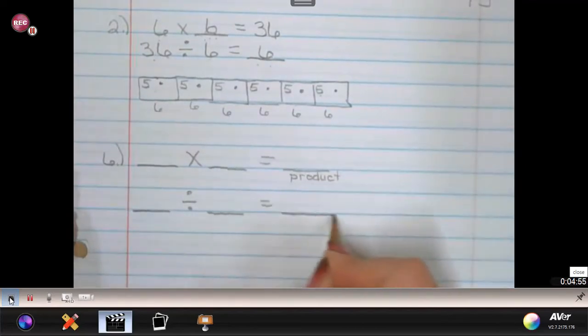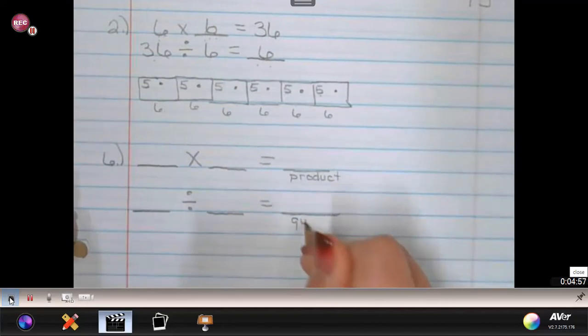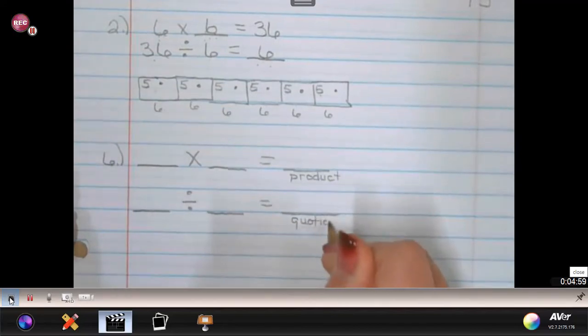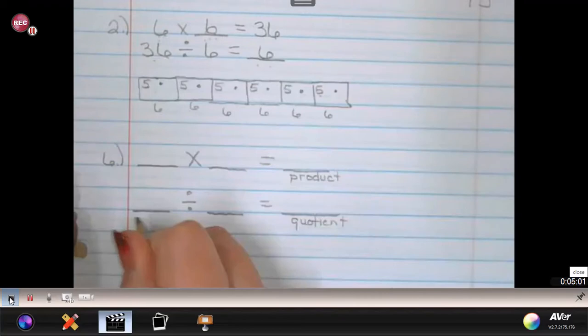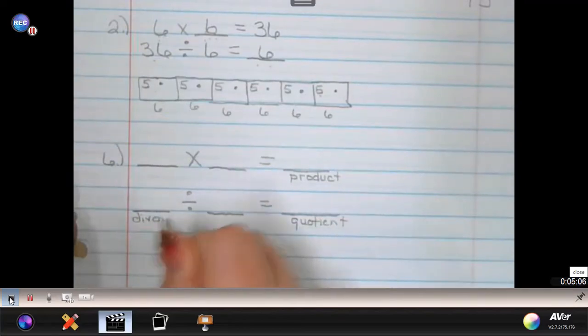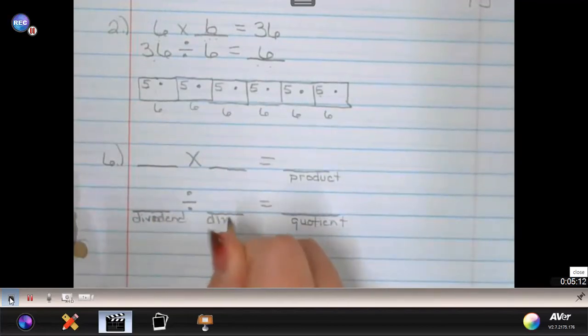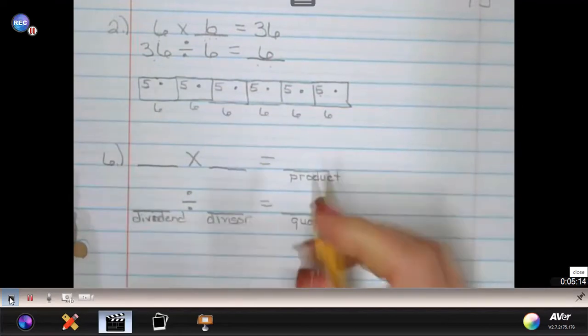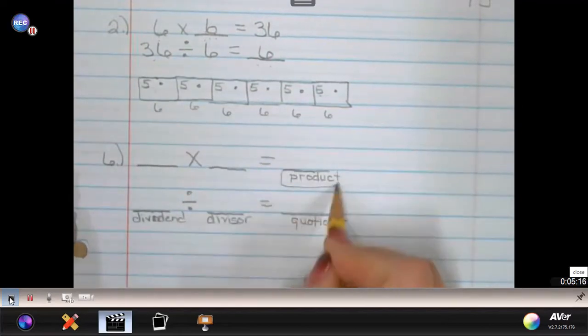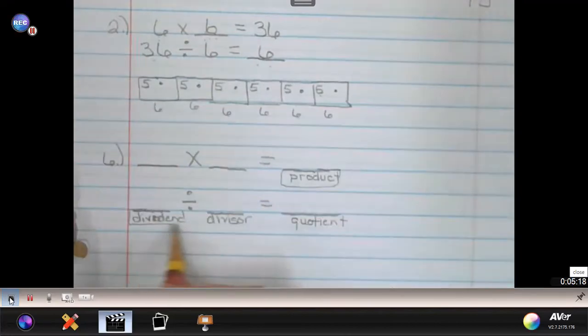And finally, we have our quotient. So I'm just going to label these parts of my equation: dividend, and divisor.